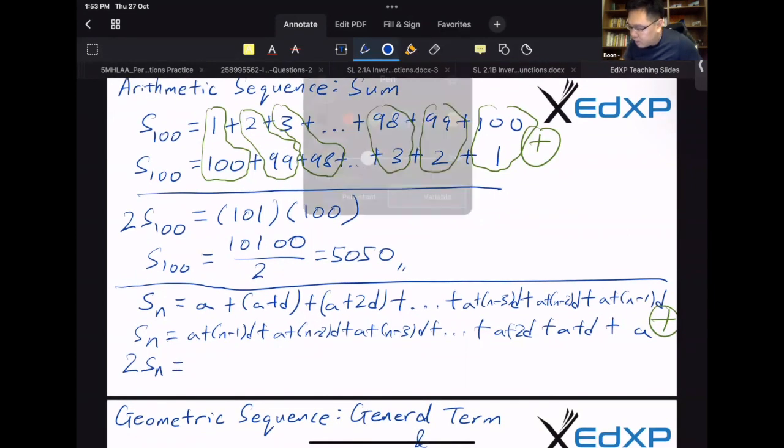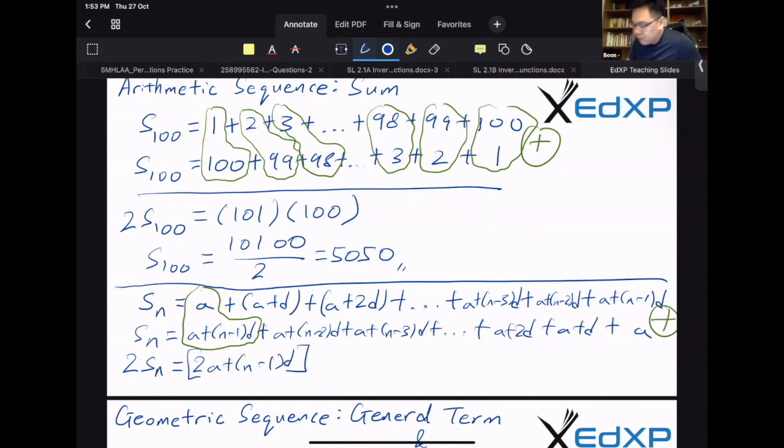And again, let me draw the same bag as what I did up there. You can see that each bag is worth 2a plus (n minus 1)d. And how many bags do we have in total? How many green bags? If I were to group all of them, you will notice that we have n bags.